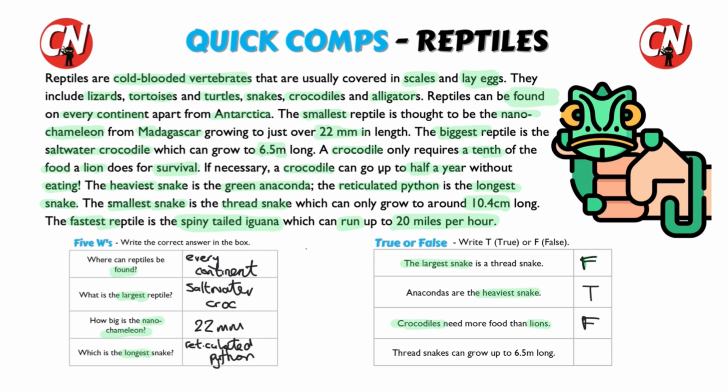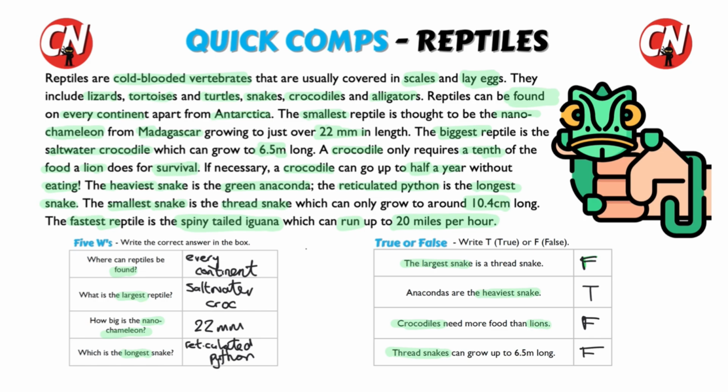And then finally, thread snakes can grow up to 6.5 meters long. Okay, let's just find the information. So thread snakes is the key bit of information. So where does it talk about thread snakes? Here it is, thread snake. The smallest snake is the thread snake, which can grow to around 10.4 centimeters long. This says thread snakes can grow to 6.5 meters long. So that's clearly false. So we can answer that and move on.